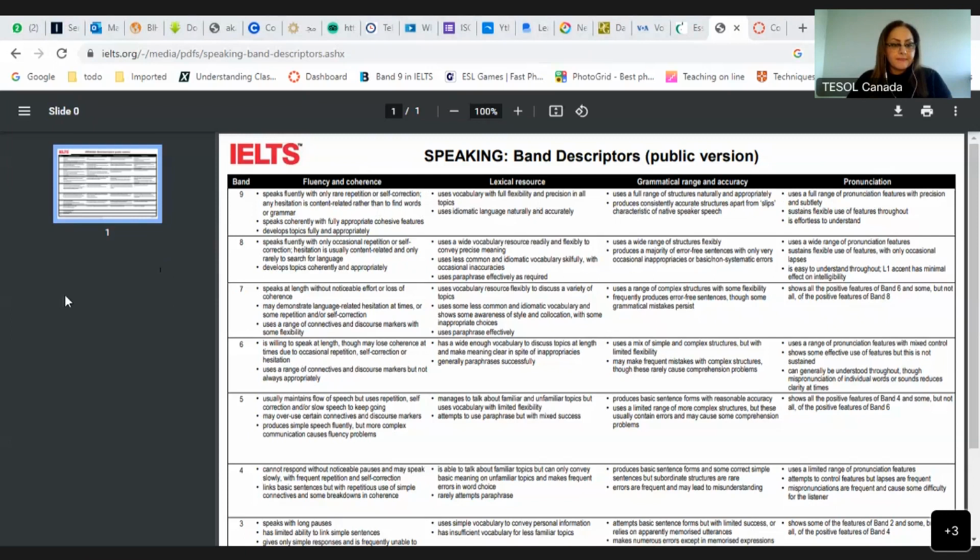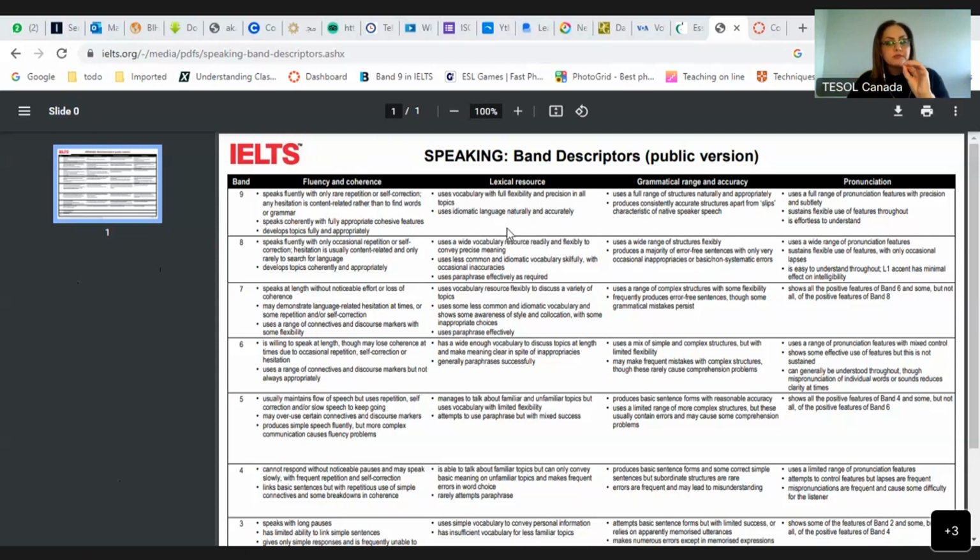You can speak related and also understandable. And fluency means without pauses, fluent. Yeah, fast. So 25% of your score goes to each column. Fluency and coherence, 25%.